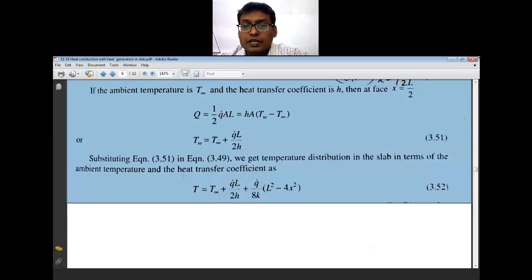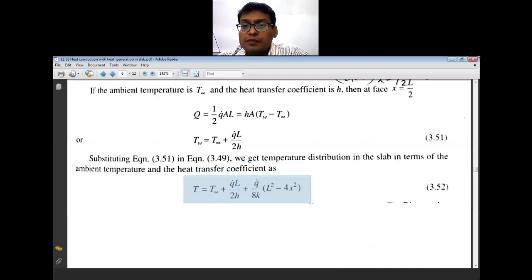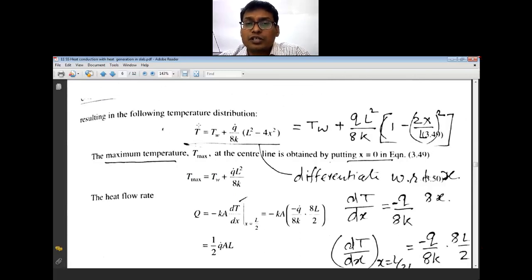What is in this equation? The temperature distribution T is calculated incorporating the ambient temperature T infinity and the convective heat transfer coefficient, also the conductive heat transfer coefficient. But the above equation does not incorporate the ambient temperature and the convective heat transfer coefficient. It is only incorporating the wall temperature.